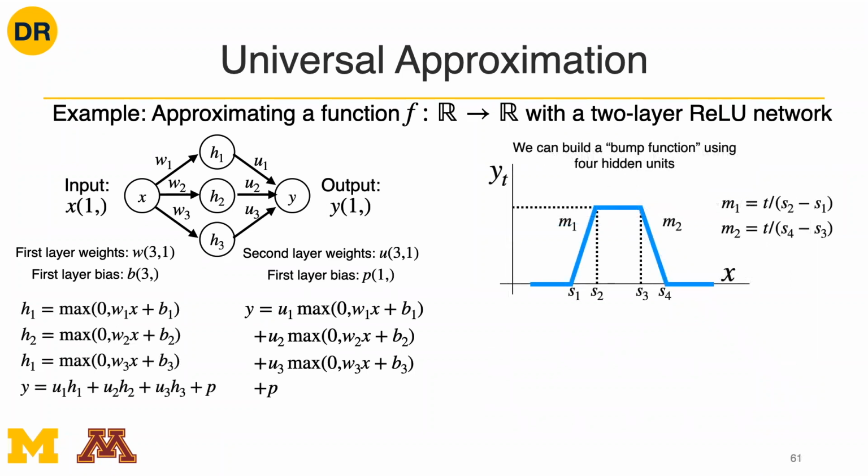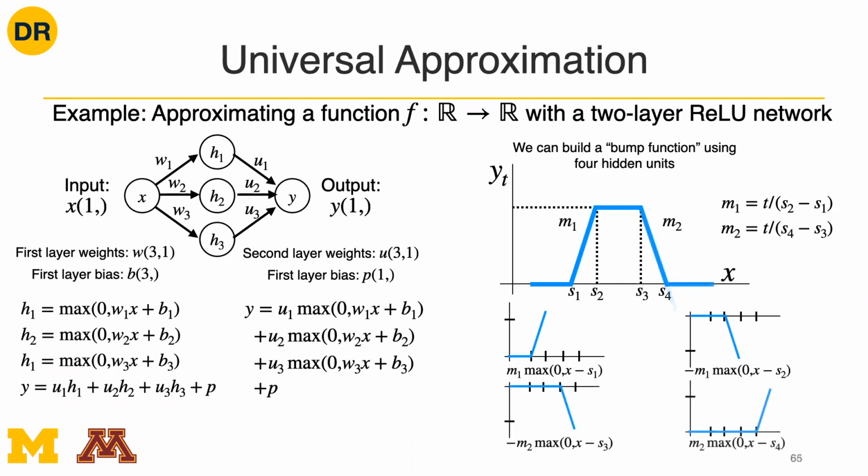This can be approximated using 4 hidden units in one hidden layer. For instance, you can have a summation over 4 different ReLU functions that look like this to get that particular bump function. Right? We are approximating a piecewise function using a bunch of hidden units. The scale will be different, the parameters inside the function will be different, but you can still approximate this particular bump function.